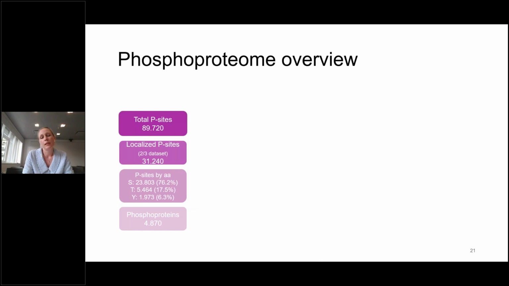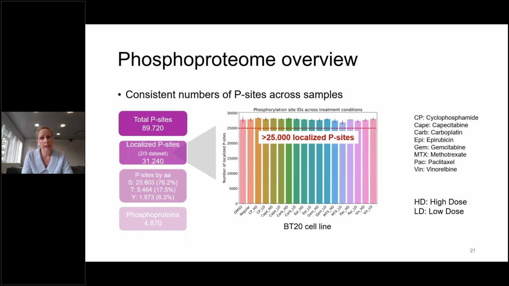And these sites belong to around 4,800 proteins. What was really great to see was that across the different treatments, low dose, high dose, and the 8 chemotherapeutic agents, we had a consistent identification of phosphorylation sites. And on average, we have more than 25,000 localized sites.